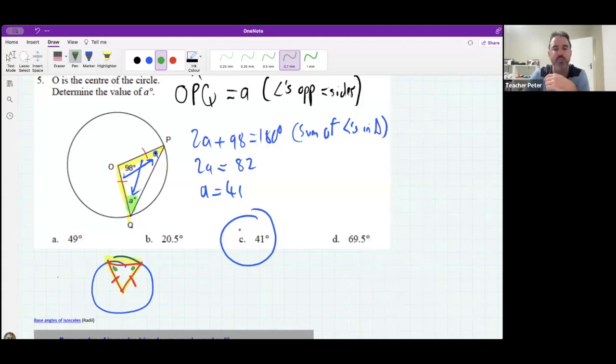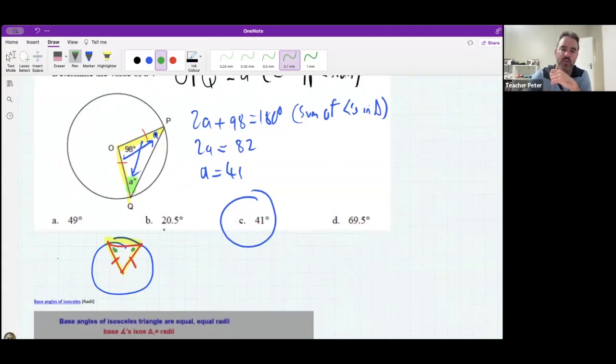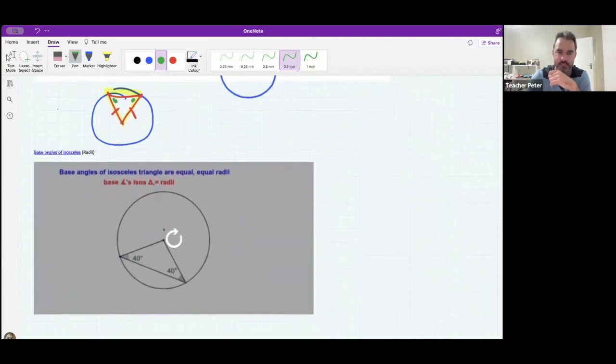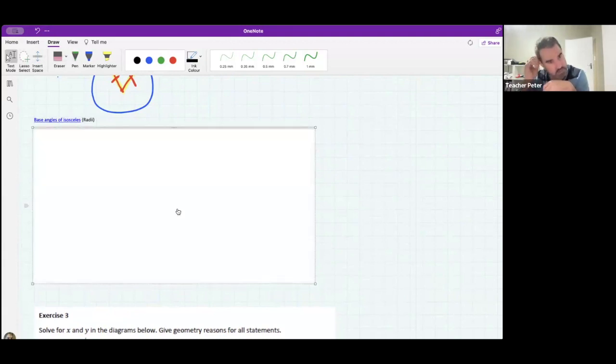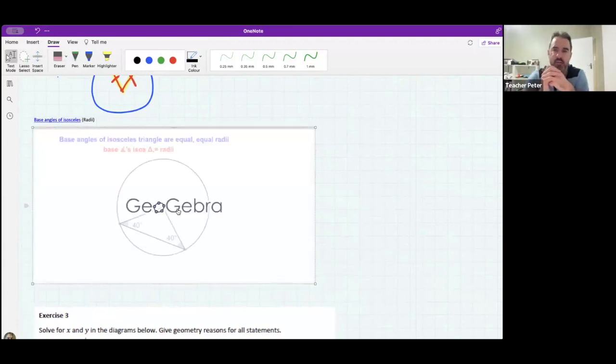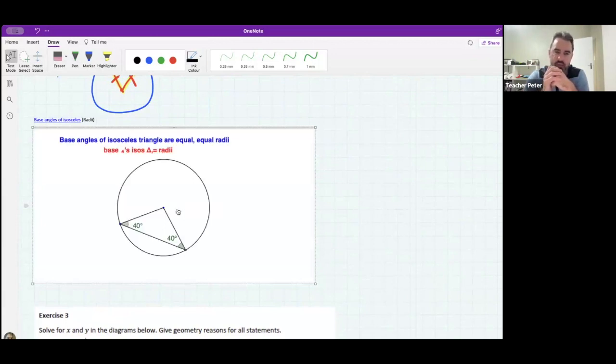And let's have a quick look at a little animation of this idea, and then I'll come back to it. So what we have here is a triangle inside a circle, and it's got two radii. And what you'll notice is if I move this thing around, the angles are changing, but they stay the same.